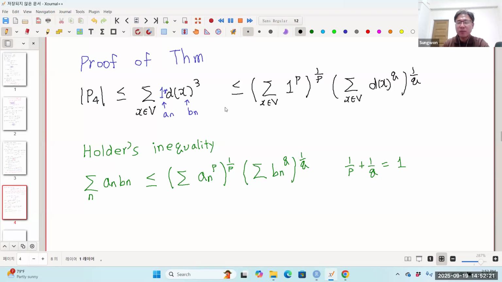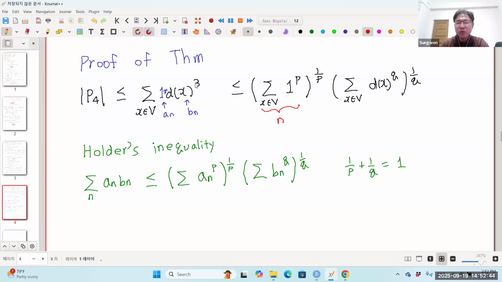I did exactly the same thing. I just let a_n be 1 and b_n be d(x) to the power of 3. And here we know that 1 to the p is 1. This is just the number of vertices. So this one is n.